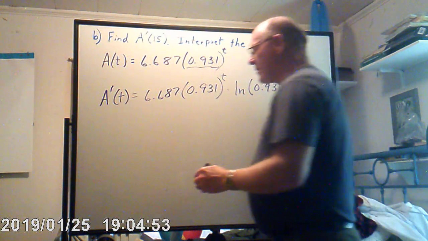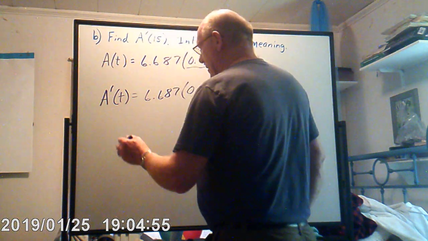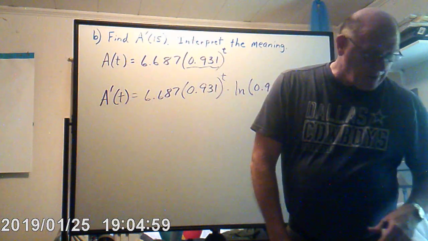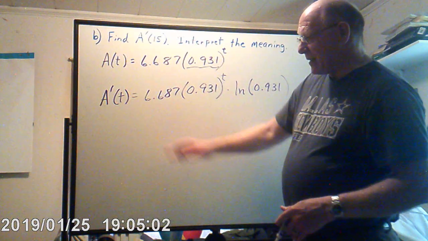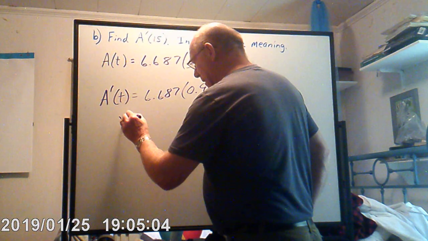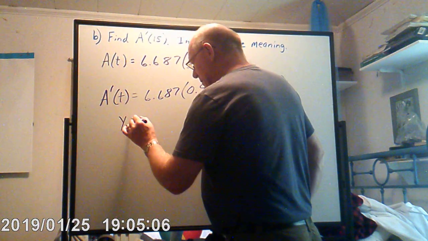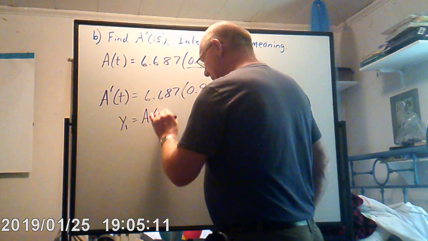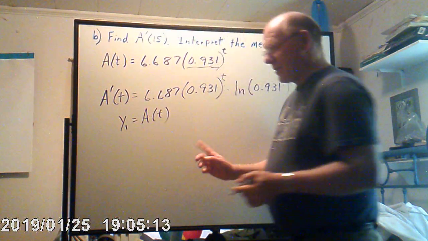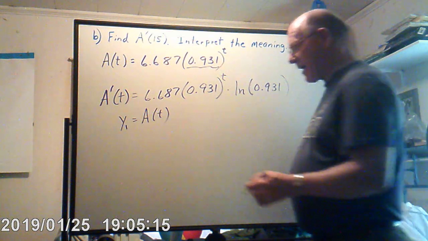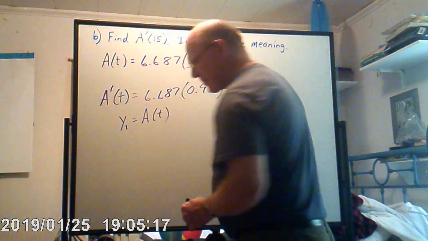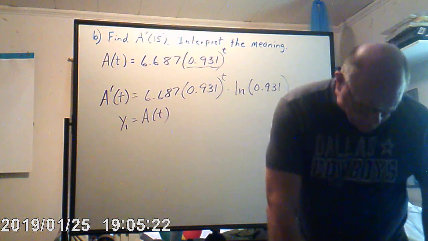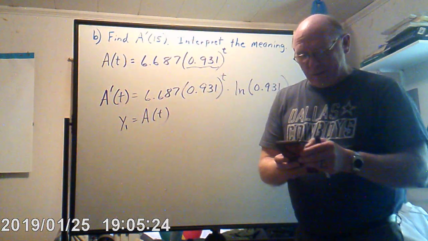Or you could just simply go in, and again, if you already have that in your Y1, I got it in Y0, but say Y1 is A at T. Then what you can do is, let me look at my calculator right here.